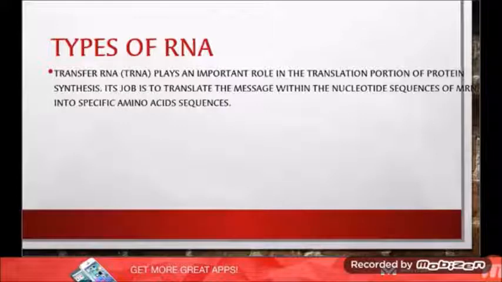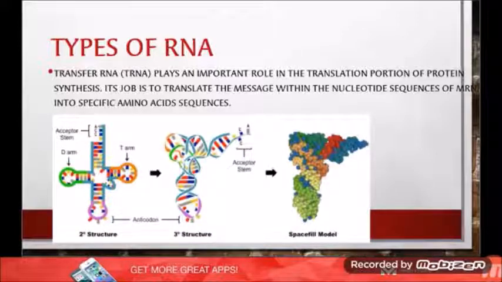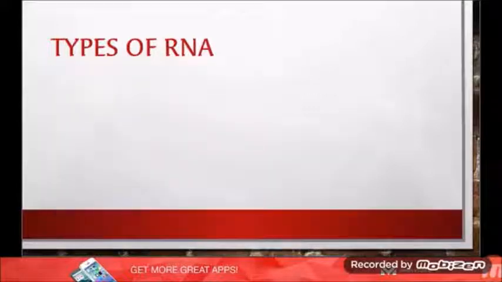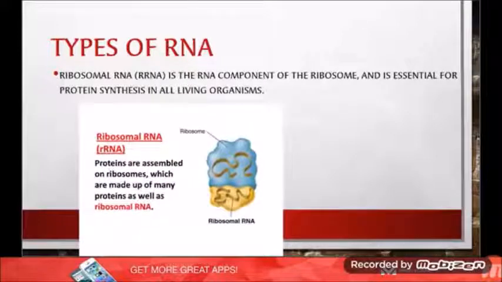Transfer RNA, or tRNA, plays an important role in the translation portion of protein synthesis. Its job is to translate the message within the nucleotide sequences of mRNA into specific amino acid sequences. Ribosomal RNA, rRNA, is the RNA component of the ribosome and is essential for protein synthesis in all living organisms.